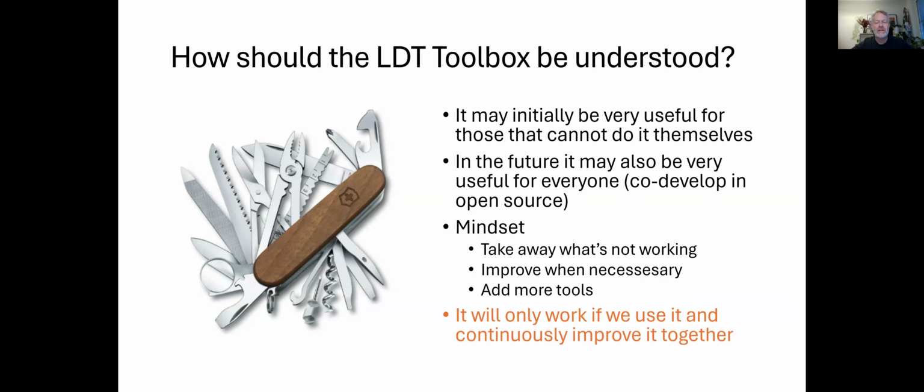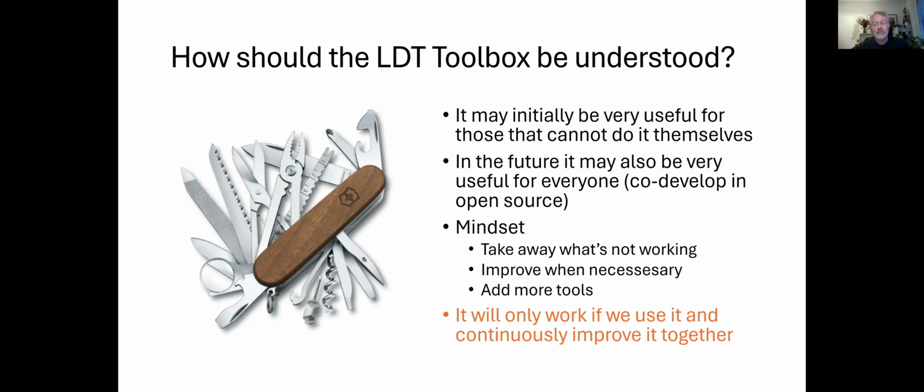The mindset about the toolbox is that it will be released in June, hopefully. And it has been a long process of several years, but we actually don't know yet how this will work. Will all the components be good? Probably not. If something is not working, then remove it and replace it with something else.